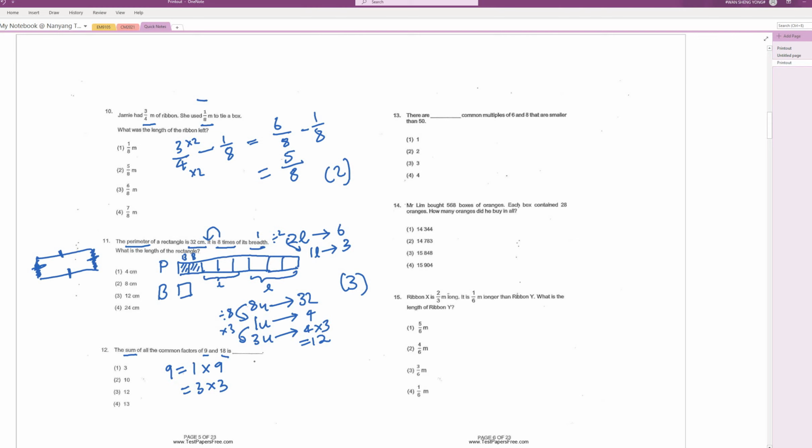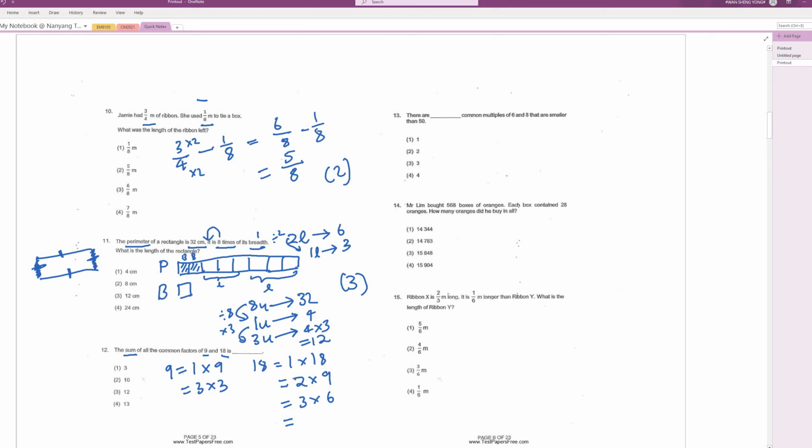For 18, we have 1 multiplied by 18. Because 18 is an even number, it has a factor of 2. So 2 times 9 gives us 18. Next, 3 times 6 also gives 18. How about 4? 4 cannot give us 18, so 4 is not a factor of 18.